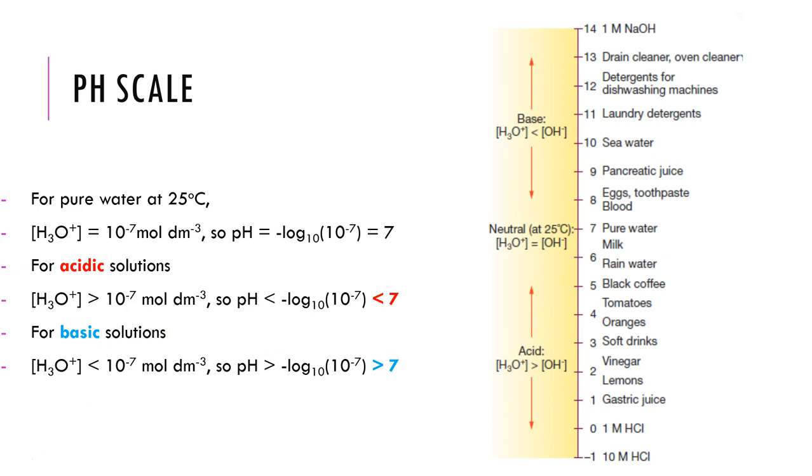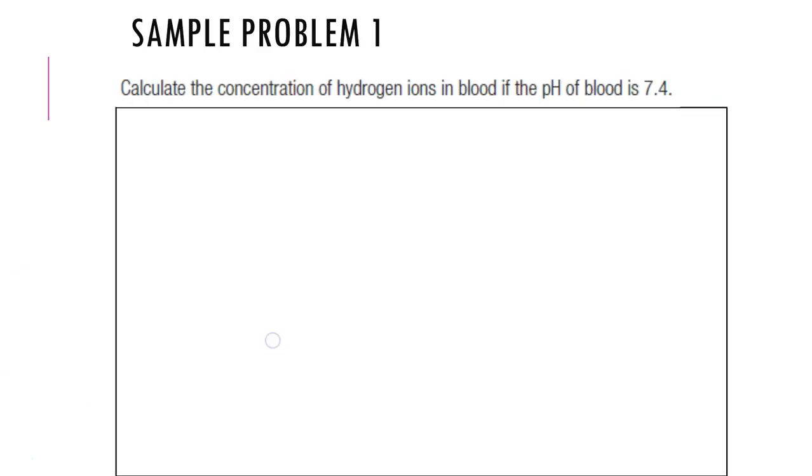So let's have a look at a couple of sample problems so you can see how this goes. Starting with finding out the concentration of hydronium. So we're told here to calculate the concentration of hydrogen ions in blood if the pH of blood is 7.4. In this case, we have been given the pH.